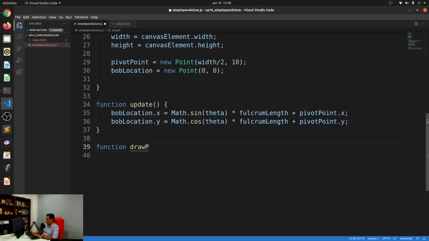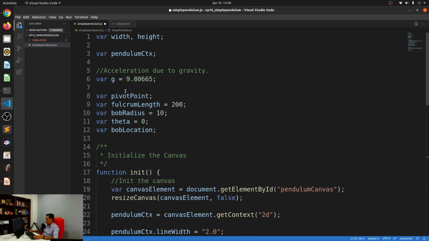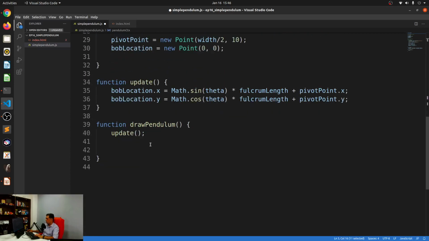I'm going to say draw pendulum, which will first perform an update and then we'll start drawing it. Draw what? First, let's draw the fulcrum. My context is called pendulum context over here.